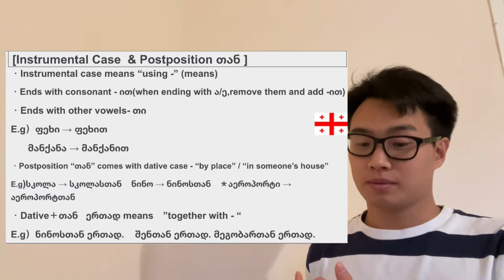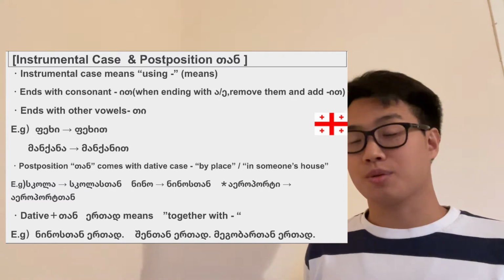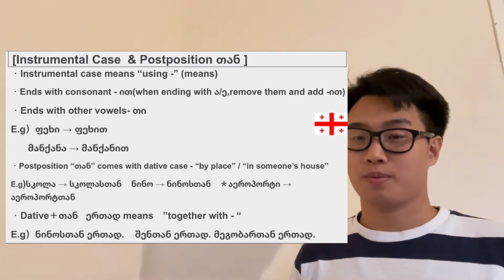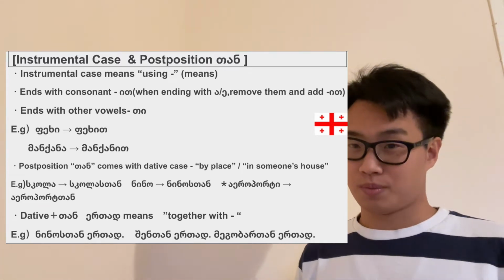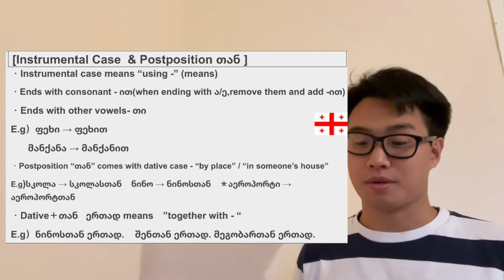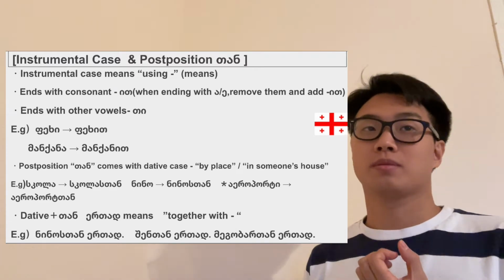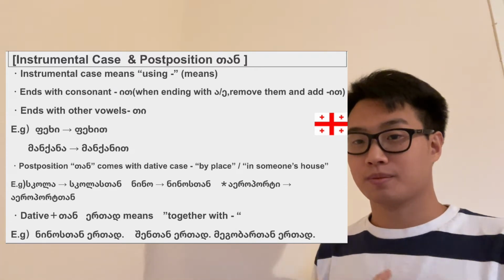Or also shentan ertad, me shentan ertad vchām, I eat with you. Ertad means together. It's easy, right? Me gogostan ertad, with a friend, with my friend, together.